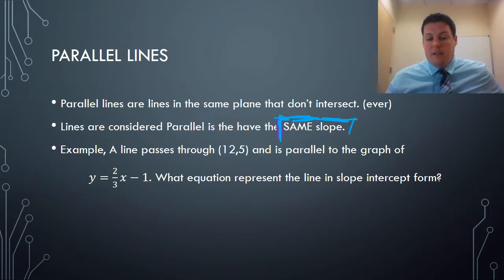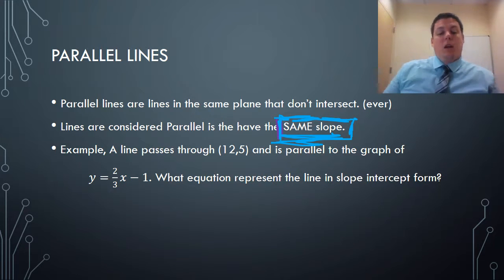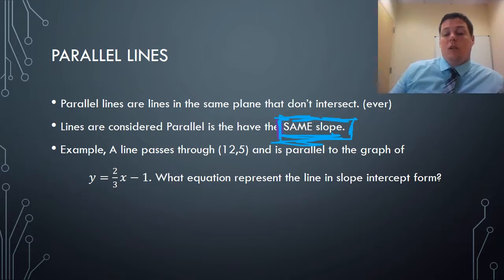Parallel lines have the same slope. So if a line passes through the point 12, 5 and is parallel to the graph of y equals 2/3 x minus 1, what is the slope of that line?